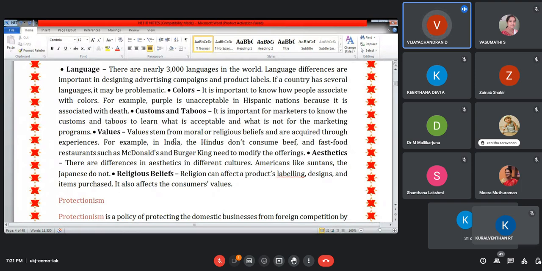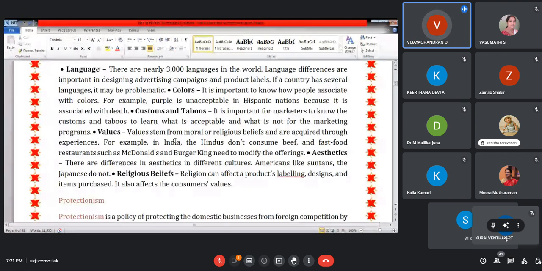Also, oil pulling is good for health, but they couldn't fit the values and beliefs. According to the beliefs, the company couldn't catch the market. Aesthetics. So the difference in the cultures. Americans like certain things that the Japanese do not.